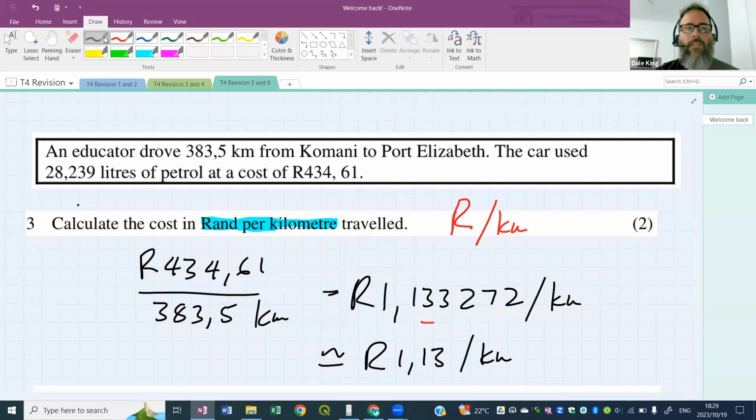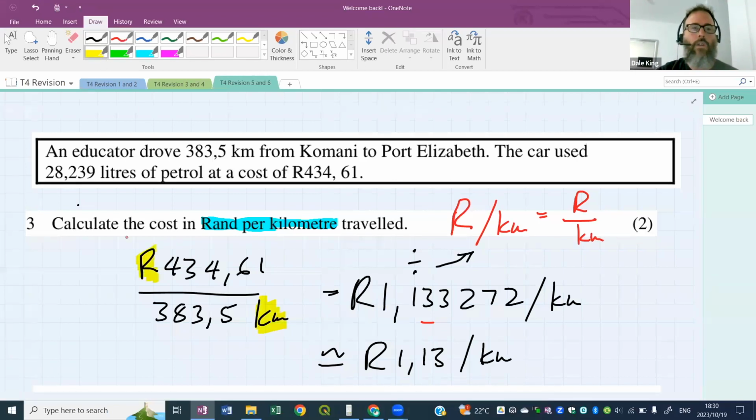Now, isn't this line here a division line? It is, isn't it? That's division. So I could rewrite this as rands over kilometers. That's what we're doing. We're taking our rands and putting it over our kilometers.